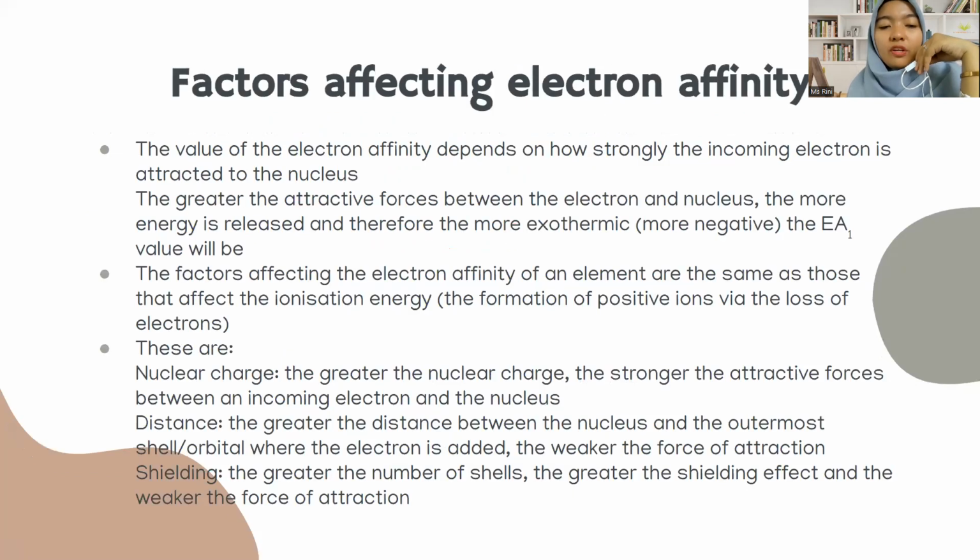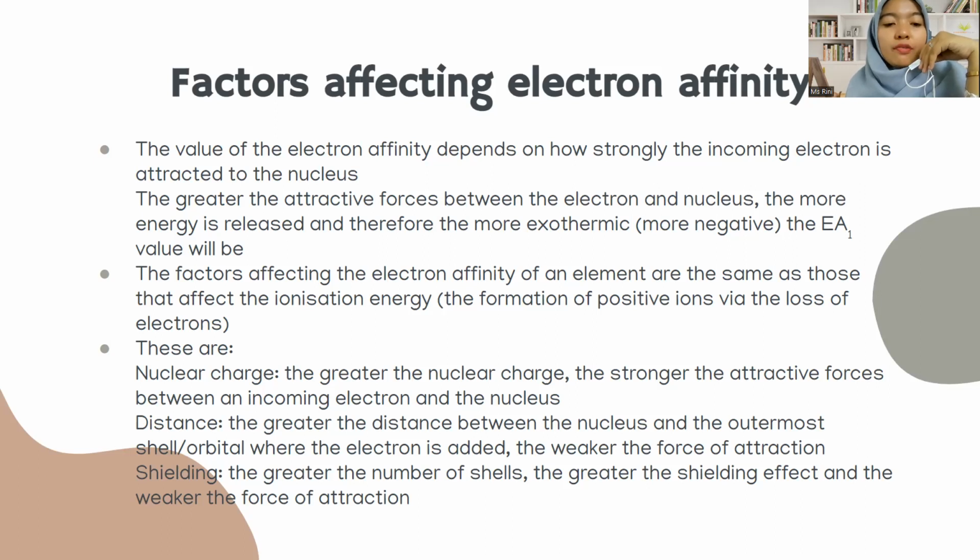Now you need to know what factors affect the electron affinity. First, the value of the electron affinity depends on how strongly the incoming electron is attracted to the nucleus. The greater the attractive forces between the electron and nucleus, the more energy is released, and therefore the more exothermic or more negative the first EA value will be.